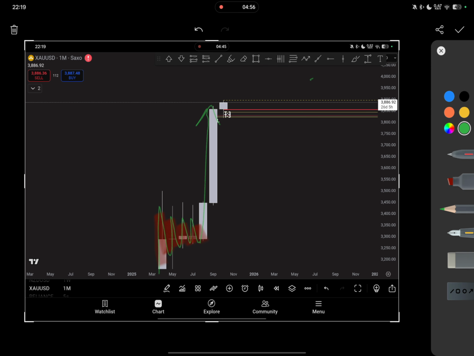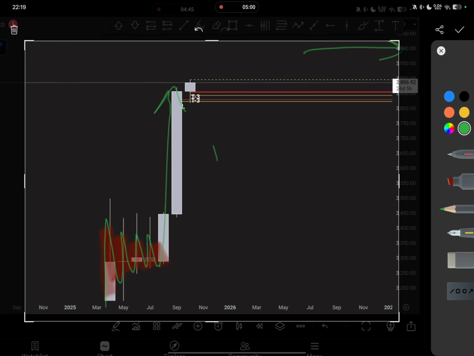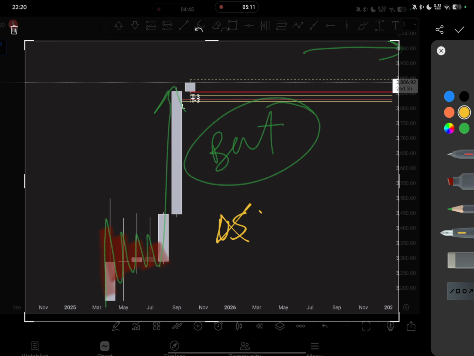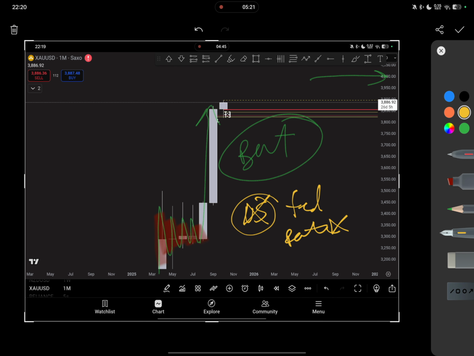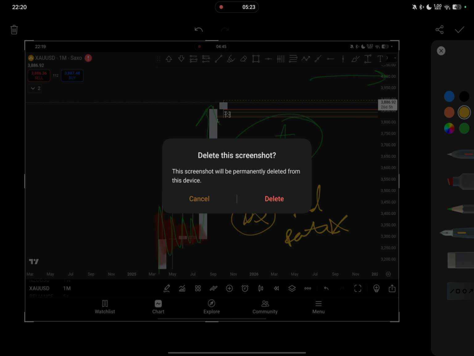So I am anticipating that the 4000 mark is very easy to approach, but the real market conditions tell us there is uncertainty in the market because the US government is shut down right now. The Federal Reserve, all your Fed rate data and every piece of news, initial job openings, etc., everything is closed, so of course it will affect the market.